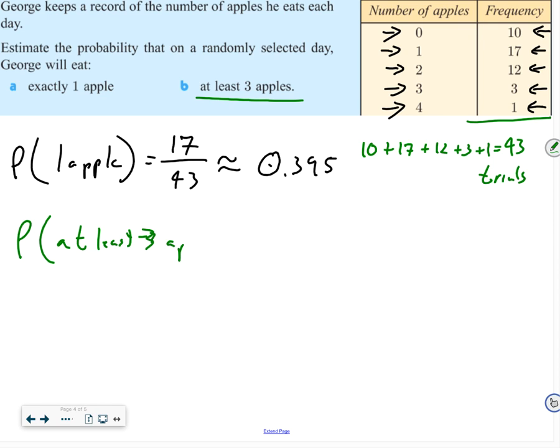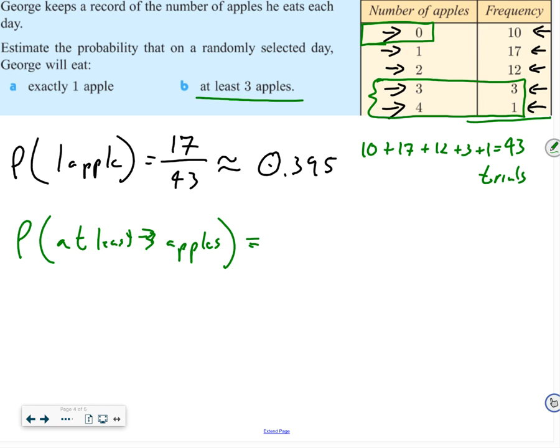If I want to know the probability of at least 3 apples, I think: he could eat 0 apples, which would not count because he didn't eat at least 3. But 4 apples would be included because that's at least 3, so I'm thinking of that data set there.